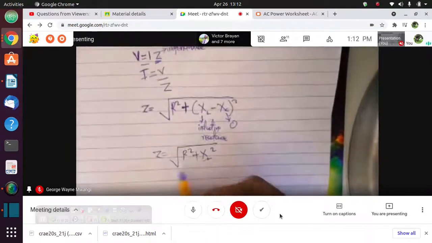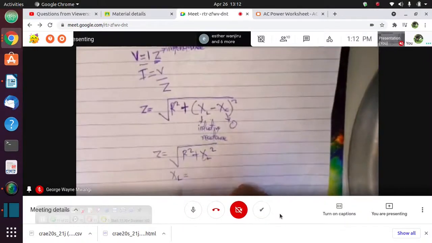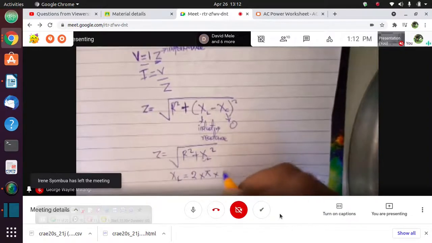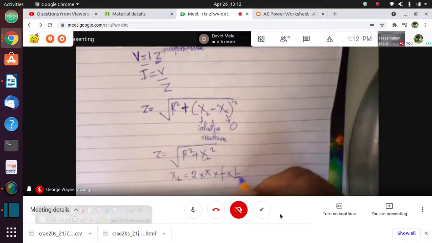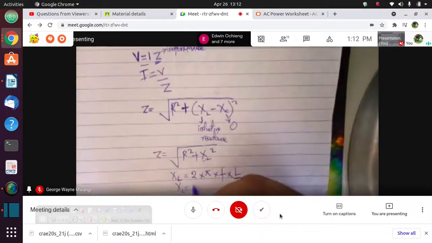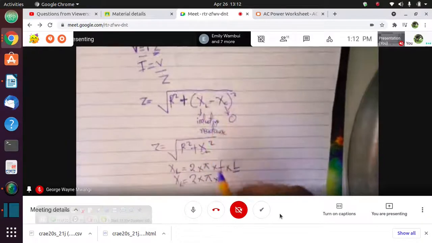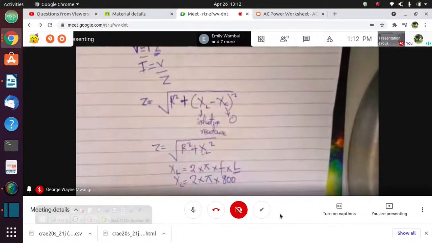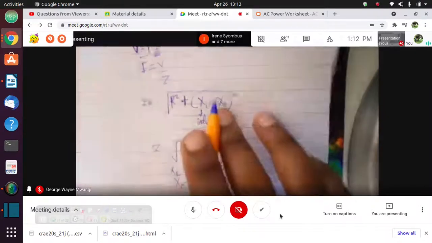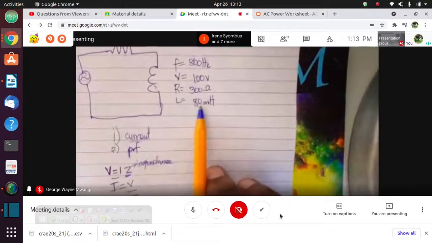Now, how do we find XL? XL is given by 2 times pi times the frequency times the value of the inductor. Now, XL, therefore, will be given by 2 times pi times what is the value of our frequency? 800, times the value of our inductance, and you have been given that it is 80 millihenry.